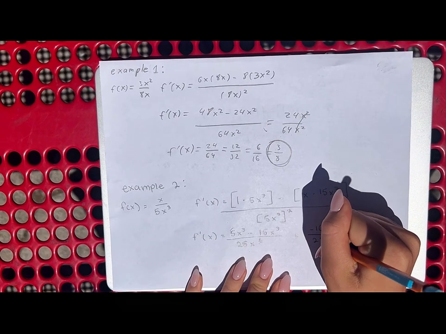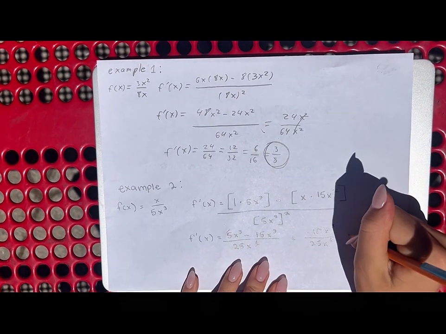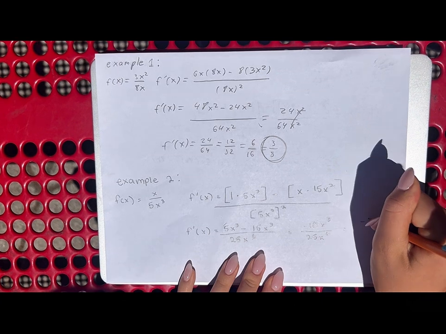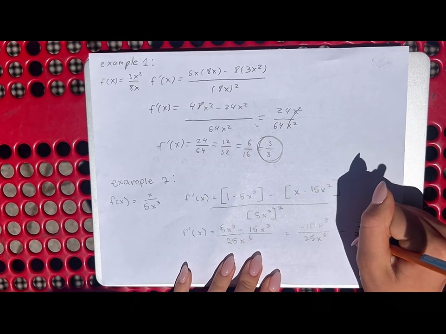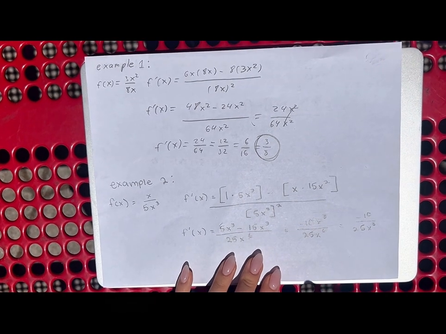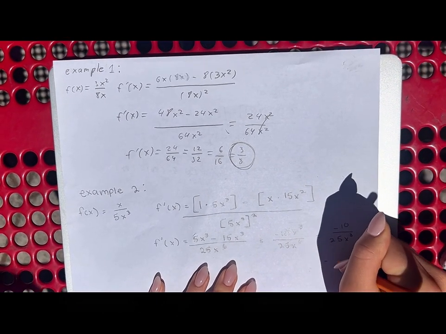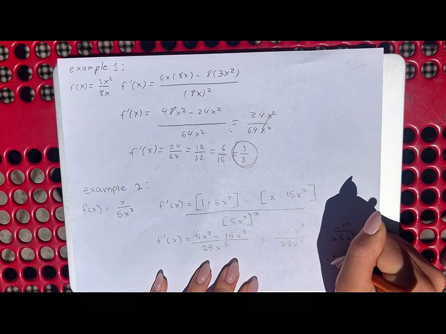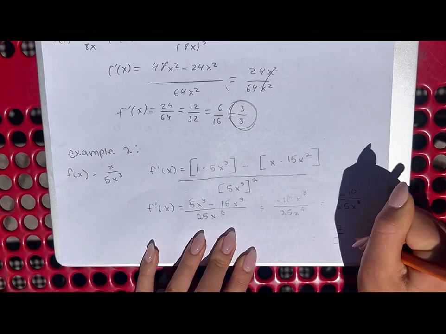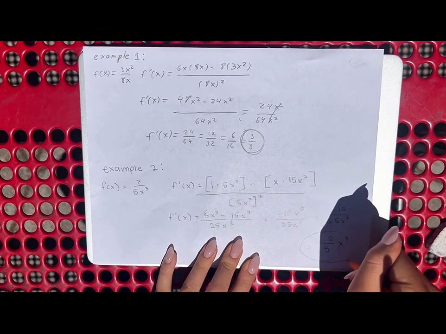On the top of the fraction, we are just going to subtract, and we are going to get negative 10x cubed. And on the bottom, we're going to have what we found, 25x to the 6th. Then after that, we are going to eliminate x cubed from both the top and the bottom, so we're going to be left with negative 10 over 25x cubed, and that will leave us with a final answer of negative 2 over 5x cubed.